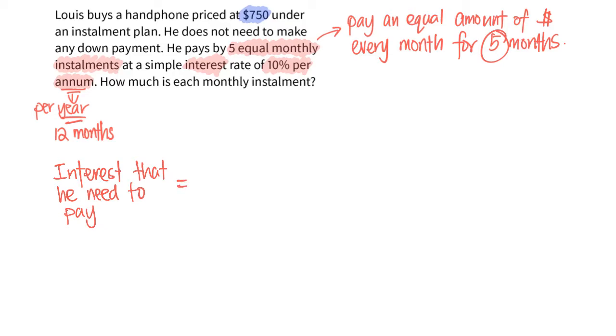will be equal to 10%, which is 10 over 100 of the price, but this is for the full 12 months.